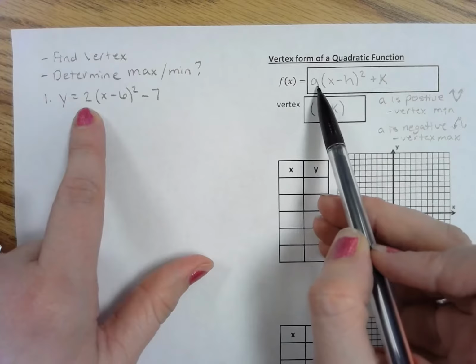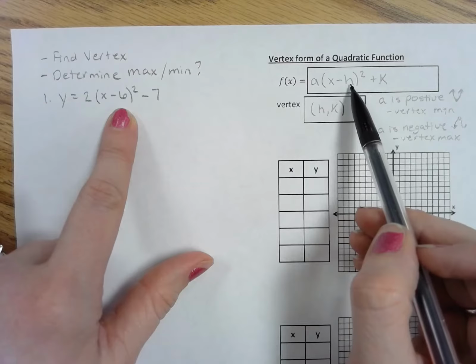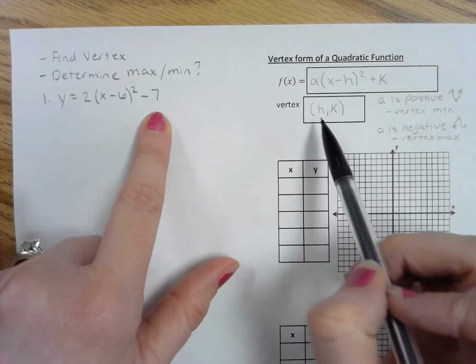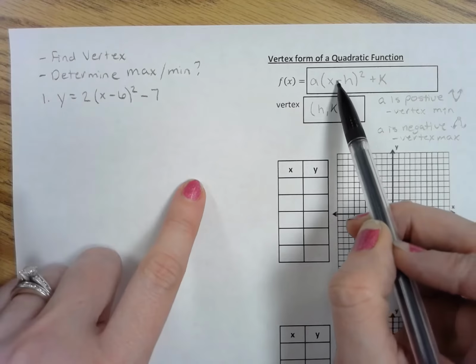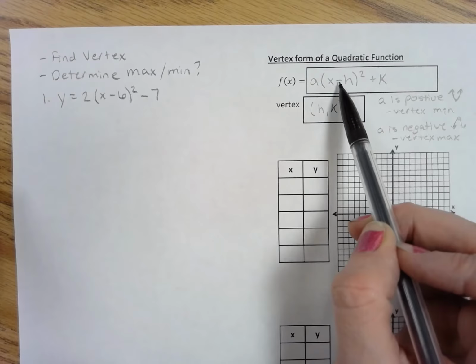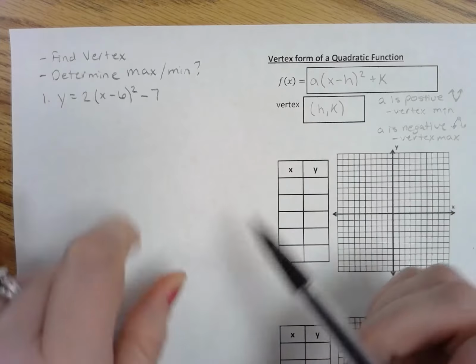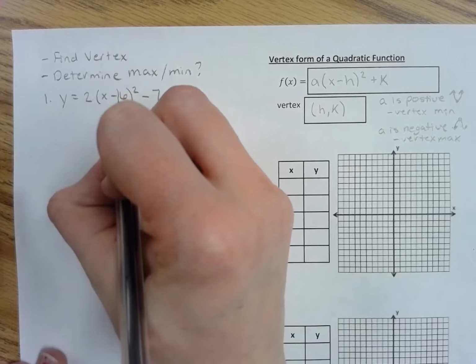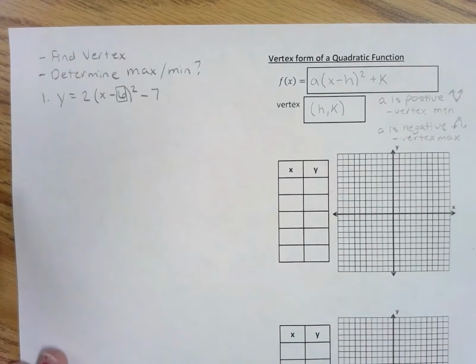We have our a, we have our (x minus h) all squared, and we have our k. When you're naming your h value, because the form says minus h, if you already have a minus sign, then you just take the number that you see after the subtraction sign.